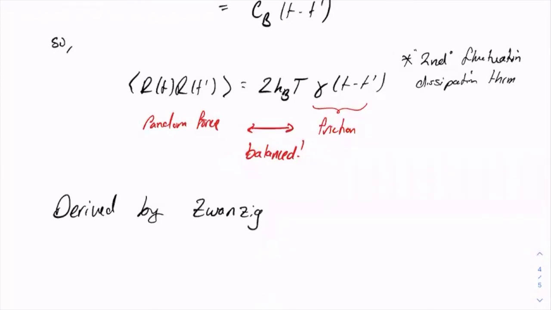And it was generalized using much more complicated mathematical techniques that let one move away from strictly harmonic oscillators to more complicated interactions linearized about those typical values by Massimo Mori. And so for this reason, the development of this sort of generalized Langevin equation is often referred to as the Mori-Zwanzig formalism.